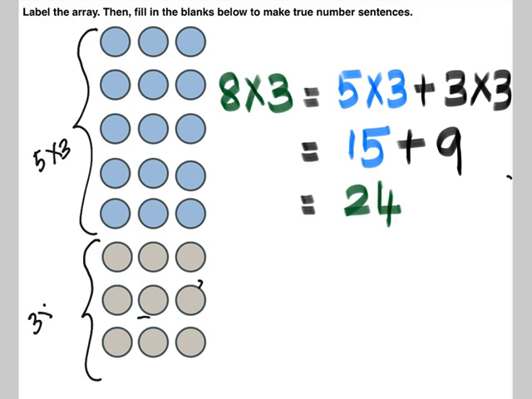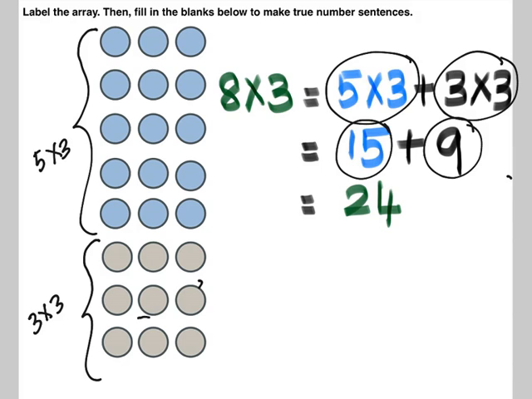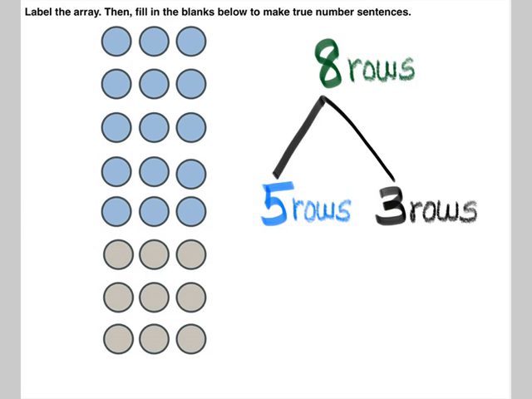So 5 times 3 plus 3 times 3 will make 8 times 3. So we know the value of 5 times 3 is 15 and the value of 3 times 3 is 9. And when we add 15 plus 9, we get 24. So there must be 24 circles in this array.